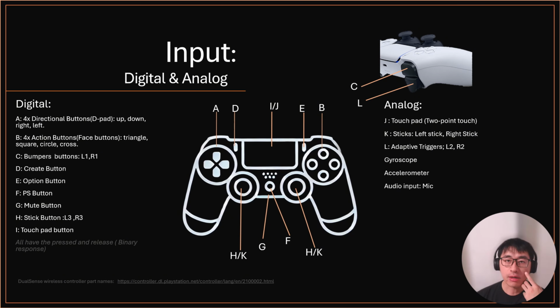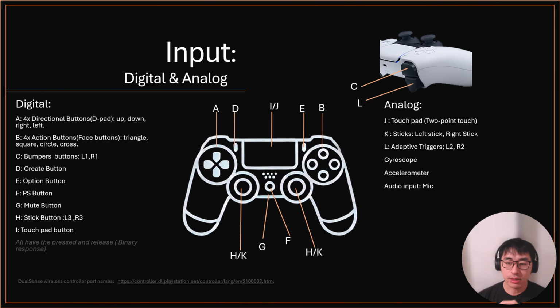For the DualSense controller, I divide all the capabilities into input and output. In the input part, we have digital and analog features. All the digital features are buttons, and they have a binary response, like pressed or unpressed.